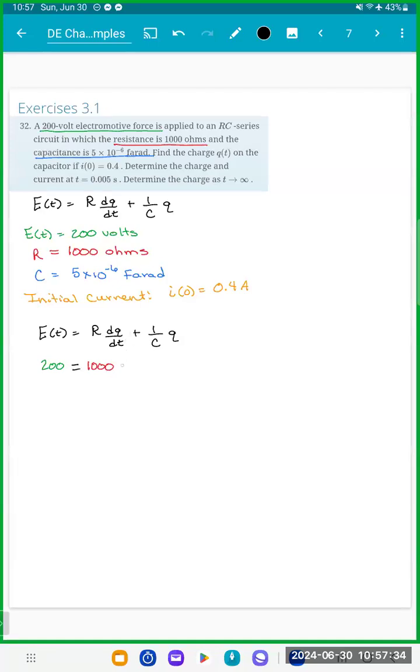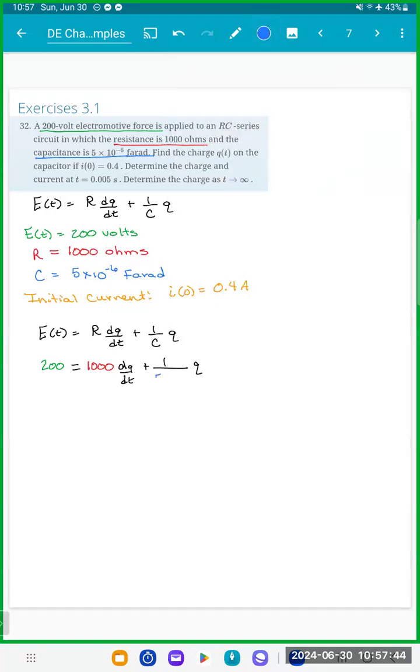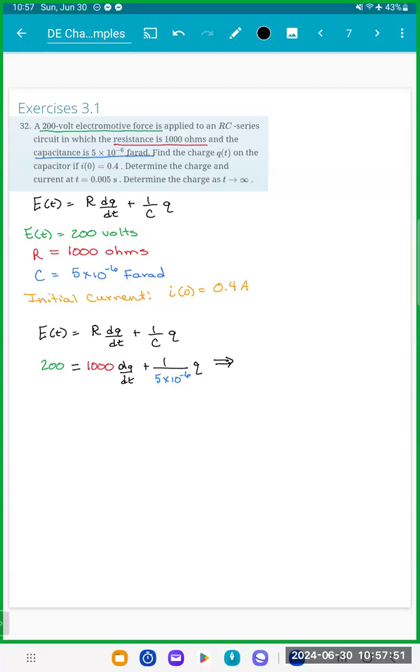Okay, 1000 dq dt plus 1 over 5 times 10 to the negative 6 farad, right? So this is going to simplify to dq dt plus 200q is equal to 1/5. Okay, so that's if we're just simplifying this out.